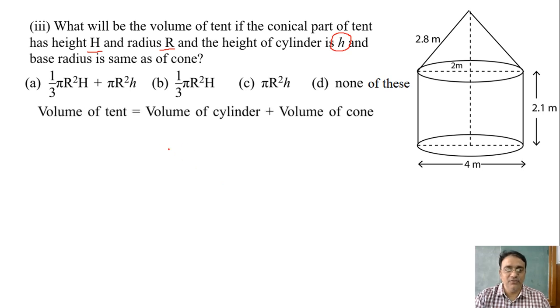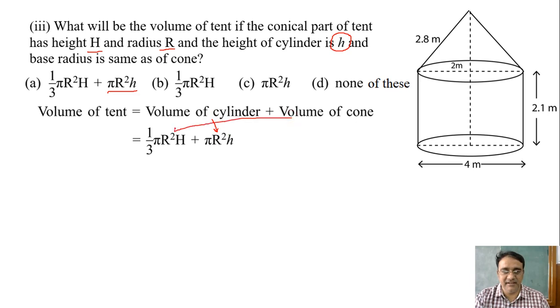So volume of cylinder plus volume of cone. Volume of cylinder is pi capital R square small h and volume of cone is one third pi R square H. Okay, this is written a bit reversed. This is written here and this is written here. So the correct answer is option A, right?